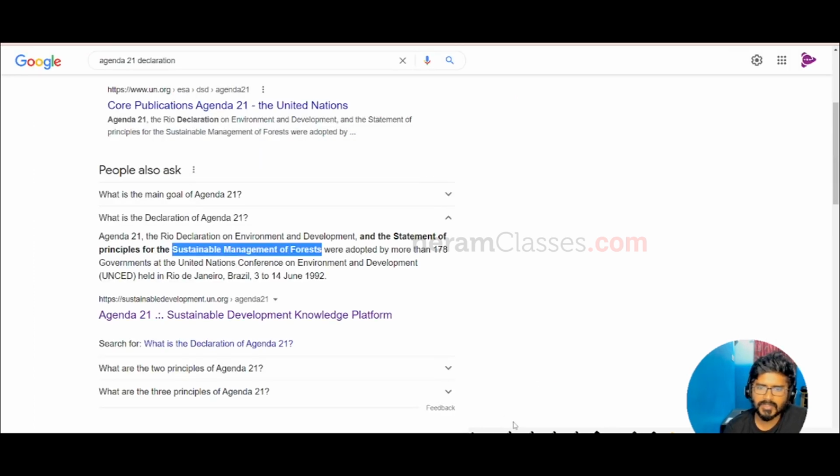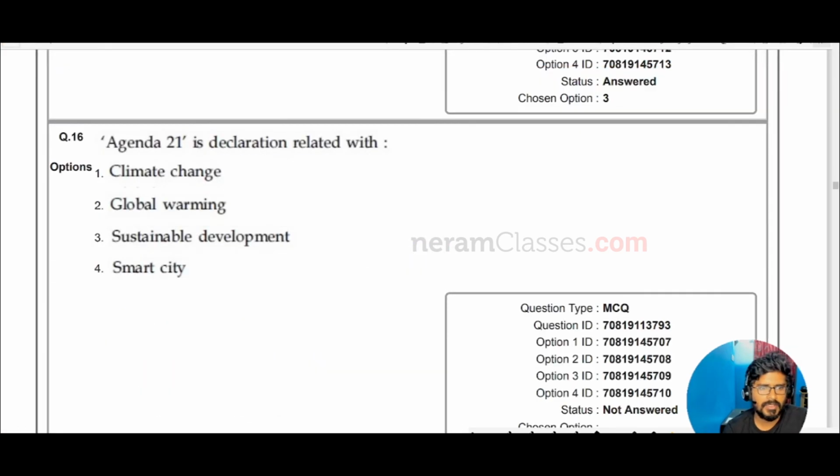So Agenda 21 is actually the Rio Declaration on Environment and Development. The statement principles are sustainable management of forest, adopted by more than 178 governments of the United Nations. Held in Rio de Janeiro, Brazil, it was conducted. So Agenda 21 is related to sustainable management of forest. That means sustainable development. So we can use the natural resources, but we cannot use them entirely for our development.